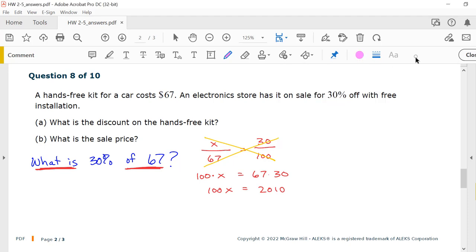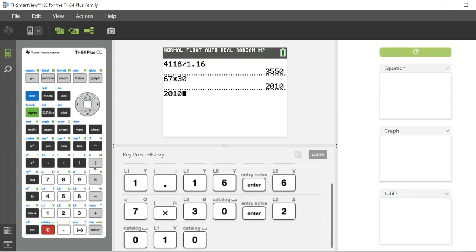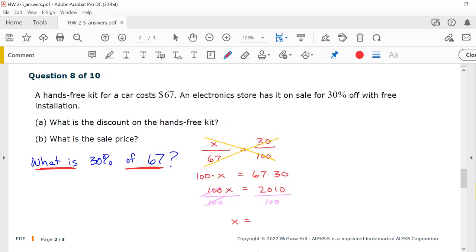Dividing both sides by 100, I get x equals 2,010 divided by 100 is 20.1. So what is the discount? The discount would be $20.10.